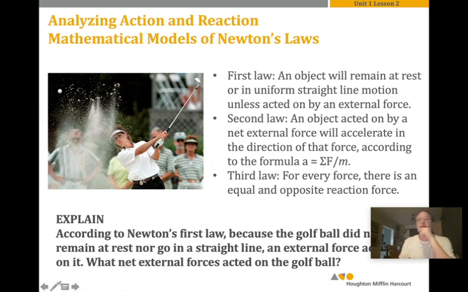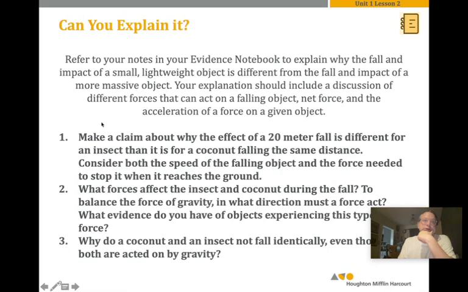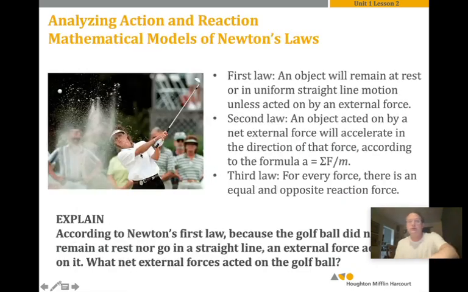Okay. The second law, an object acted on by a net external force will accelerate in the direction of that force according to the formula acceleration equals the force divided by the mass. So, although the golfer hit the ball very hard, it's going in this straight direction.